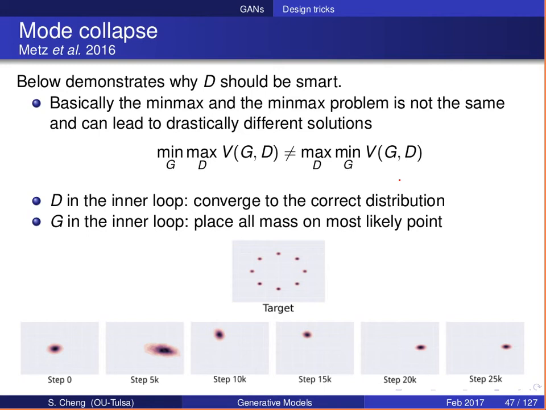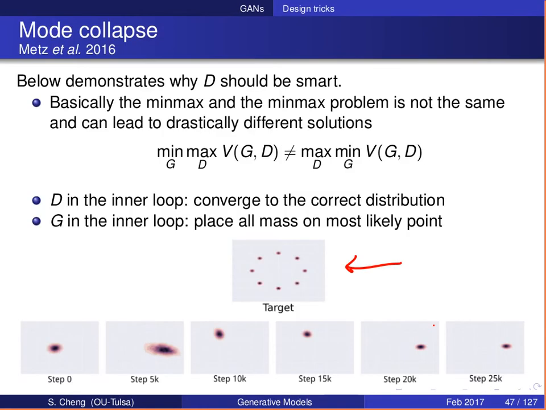If you take the discriminator in the inner loop, that means you do more iterations for the discriminator, you will end up with a correct distribution. But if you put the generator in the inner loop, you will end up just learning the modes, like this case here, and this won't be quite desirable in most applications. This is the so-called mode collapse problem.